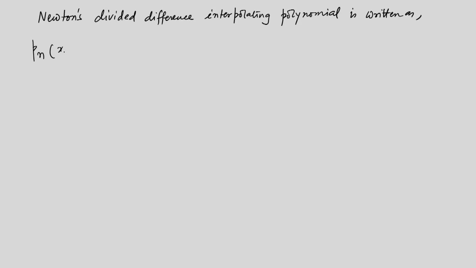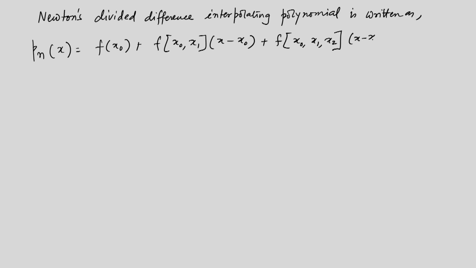P n x, that is f of x 0 plus f of x 0 x 1 times x minus x 0, that is a linear term, and then we have a quadratic term, and this x minus x 0 into x minus x 1, and then we can continue, we can have a cubic term, which would simply be f of x 0, x 1, x 2, x 3, and then you have x minus x 0, x minus x 1 into x minus x 2, and so on.